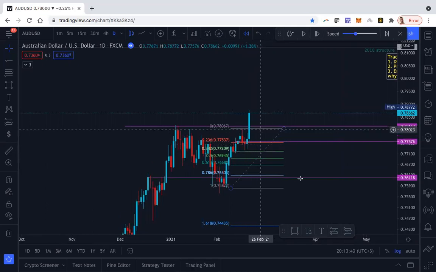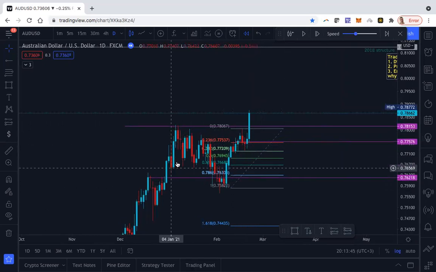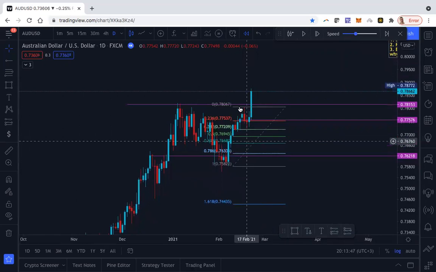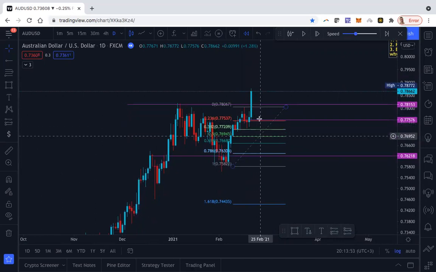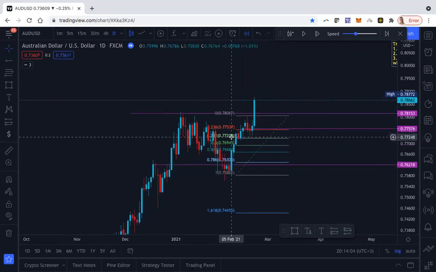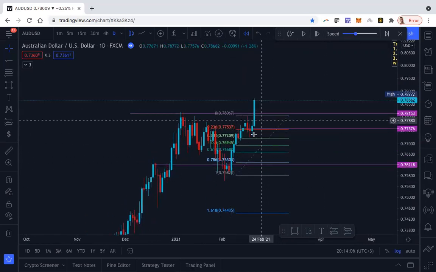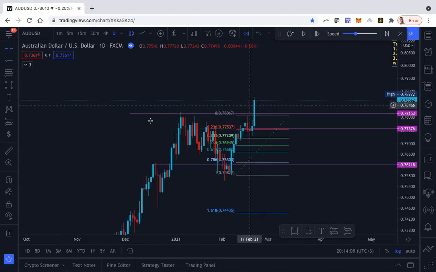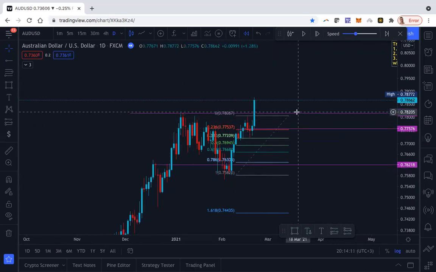So I'm not yet ready for the sell, okay? And I hope you guys are understanding why. I told you that I wanted to first see it get back below, back into the zone, and then form some price action here for me to continue to the downside. But now we are still seeing a break of structure here.